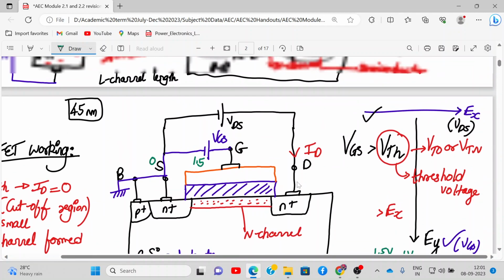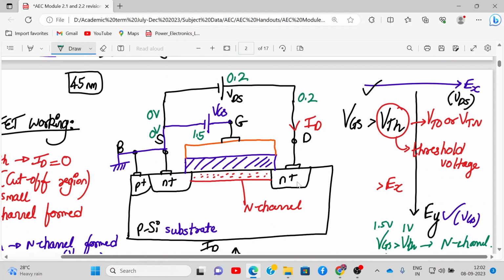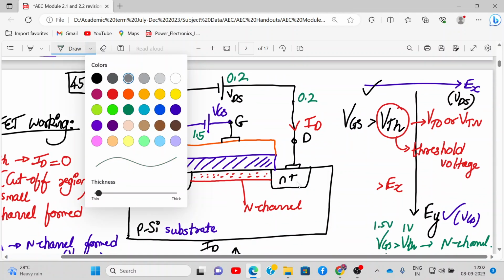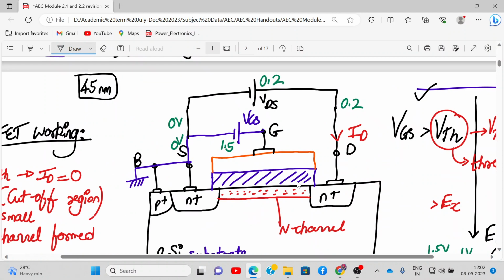Let's say we have increased it from 0 to 0.2 volt. So the drain voltage is 0.2 and the source voltage is 0 volt with respect to ground. Source is grounded. Now you remember there is a depletion layer, like this. This is my depletion layer.